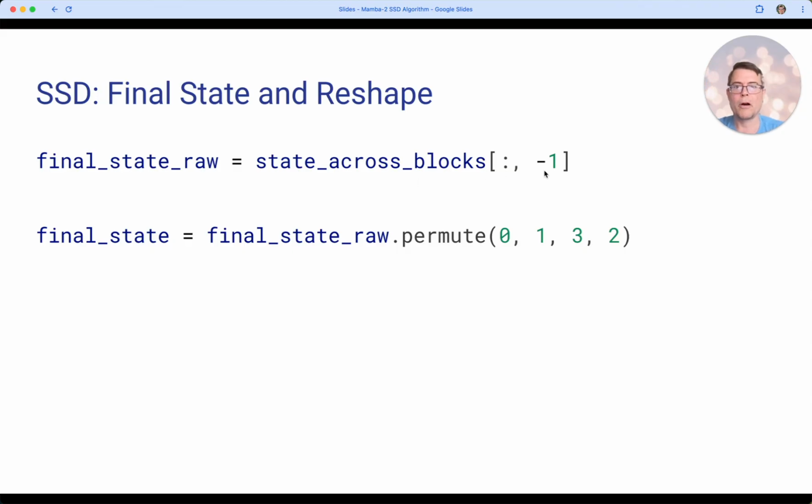So we need to pick off what the final state will be like. We don't want all of the blocks. We just want the state from the last block. And then this permutation is putting it back in the order we expect the final state to be in, and then we can return that. So that's the final output of the state.